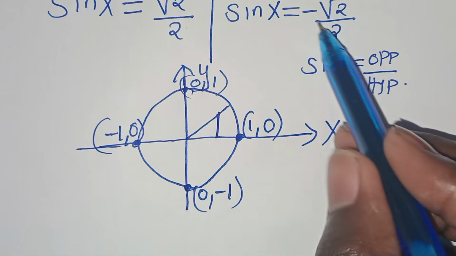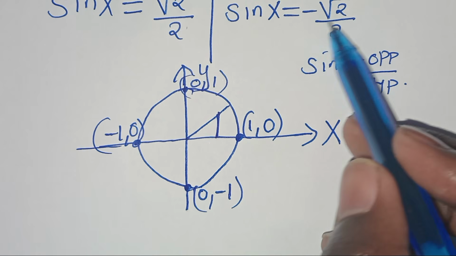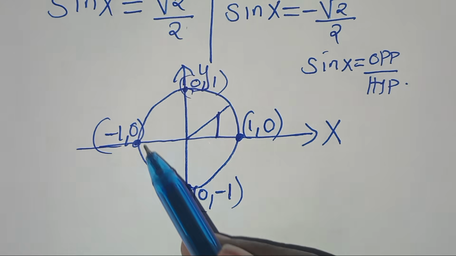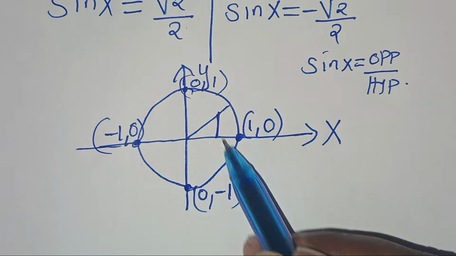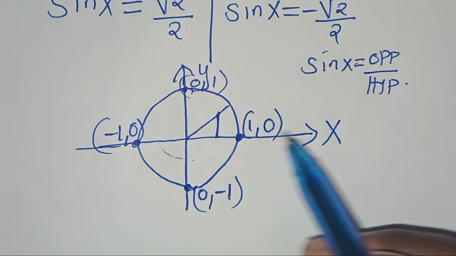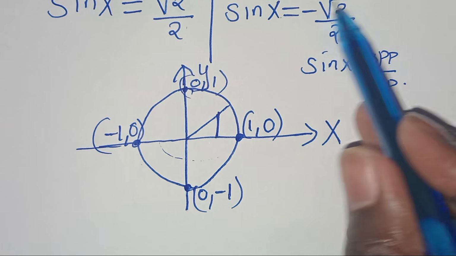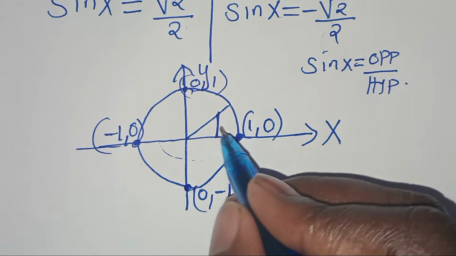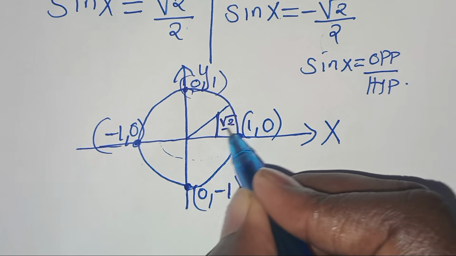Then sine x equal to negative square root of 2 over 2 means these are the angles that fall below the x-axis. So here we have the opposite is square root of 2 over 2.